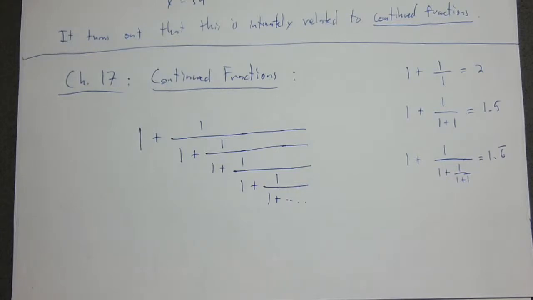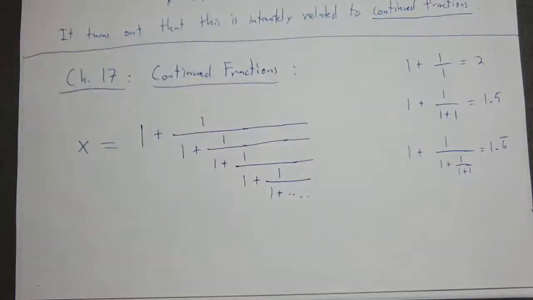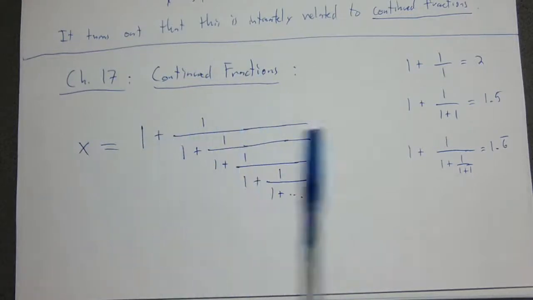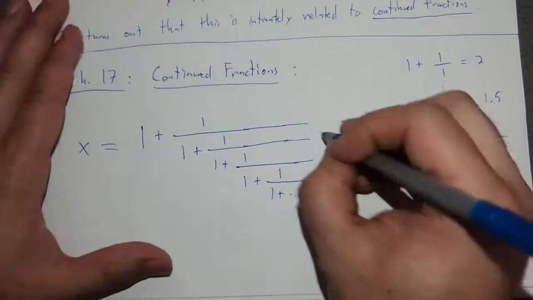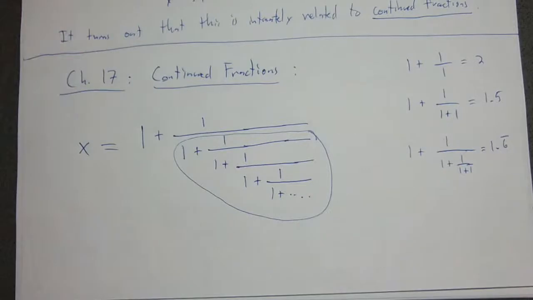We can do something special. If I say that whatever this thing is, I want to call that whole quantity x, well, due to the nature of this, I have 1 plus 1 over stuff. And if I circle this stuff, what do you notice about this?